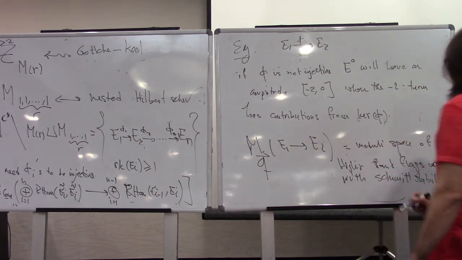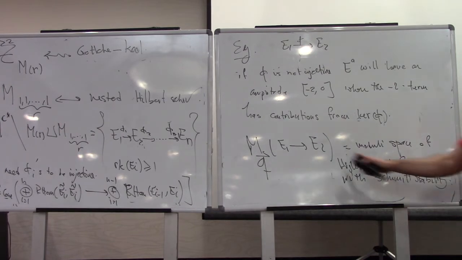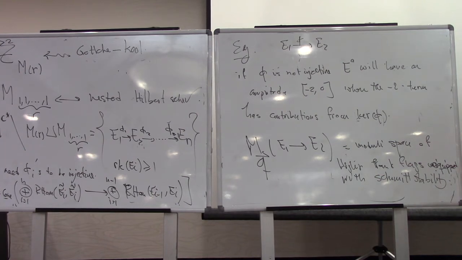So those of you who have been working on moduli spaces of vector bundles on curves, probably you remember these Bradlow pairs and Bradlow triples and things like that. So these are very similar, except their support is a surface. If you look at their work, you will see that there is a notion of Schmidt stability for quivers, some stability that you define for quivers.